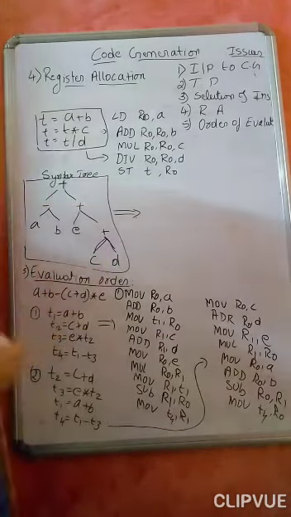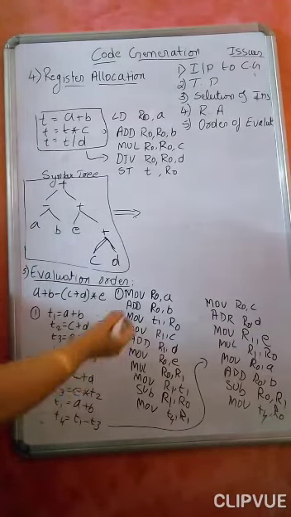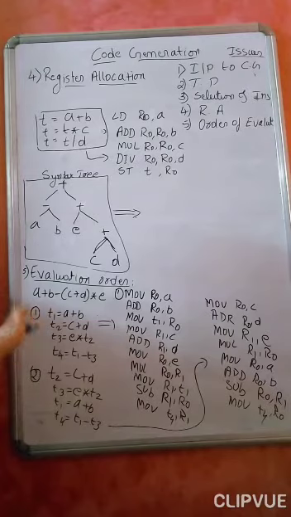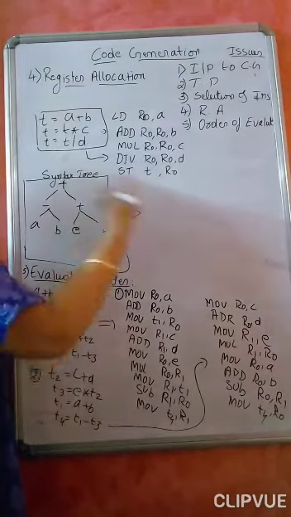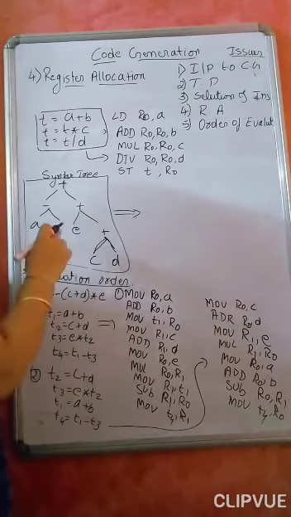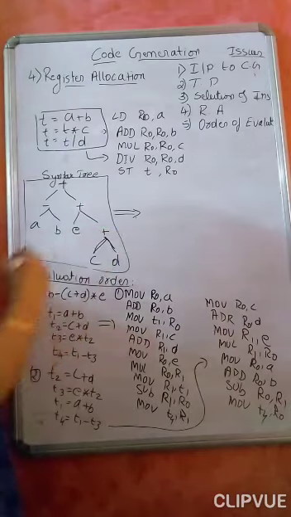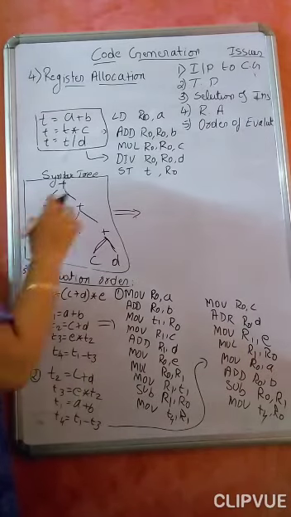Now I'll use a different type of instruction set architecture like this, where we have move. Maybe it is the 8086 instruction set, I'm not sure about it. So I'll use a different instruction set architecture and try to write the sequence of instructions, that is, the target code for this particular intermediate representation, which is nothing but a syntax tree.